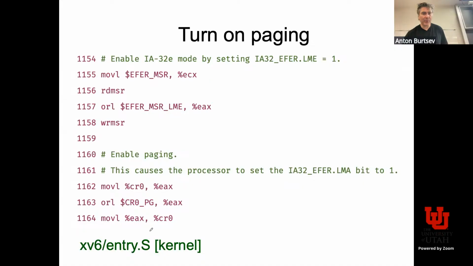This instruction says paging is on, because we read control register 0 into EAX, set a specific flag which says paging enable, and write it back. The very next instruction after this says paging is on, right?